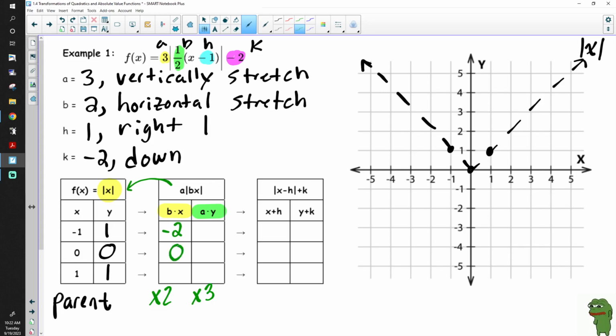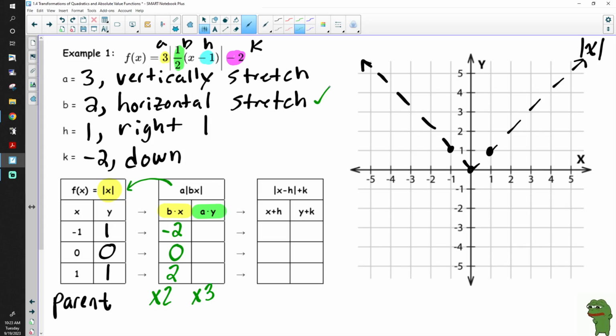And what is 1 times 2? 2. So what you just did is you horizontally stretched the absolute value. By multiplying the x values by 2, we've stretched it horizontally, like this. Pulling Laffy Taffy.